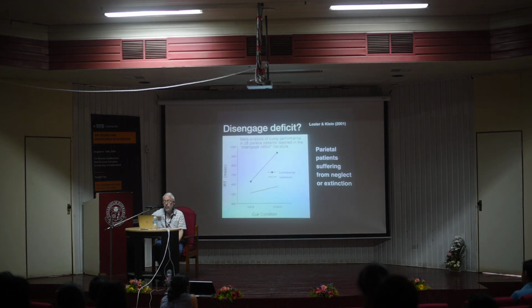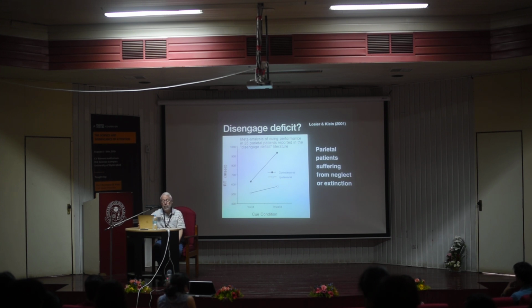Another interesting one comes from patients with parietal damage who are suffering from either neglect or extinction. And this is something Posner demonstrated in a 1980s paper in which he hypothesized that individuals with neglect and or parietal damage suffered from a difficulty disengaging from stimuli, cues, that were presented to the good visual field in order to attend the bad visual field, and that was what was responsible partly for their neglect.